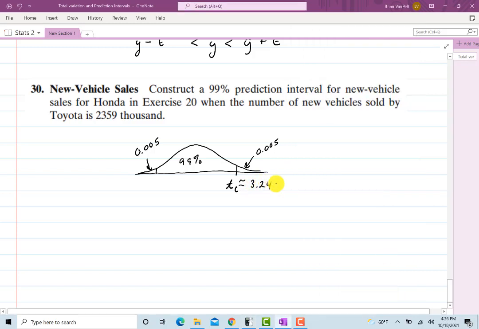3.2498. So now when we're going to construct our E, it looks like this.